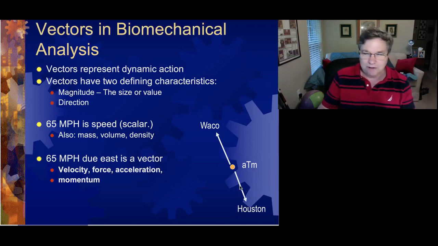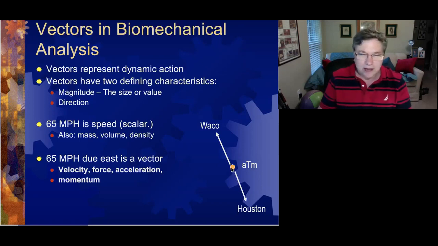We'd have to reverse that vector. But let's say we're here in College Station and we get on Highway 6. We want to go to Houston. The last thing we want to do is turn the wrong way, get on Highway 6 going north, going to Baylor and Waco.